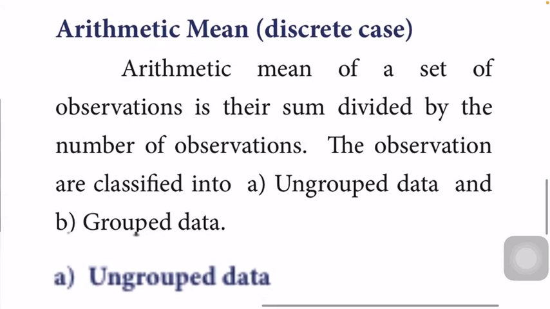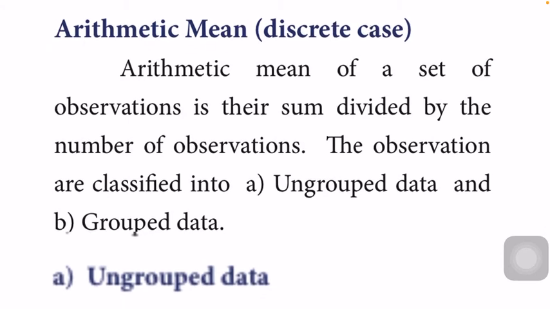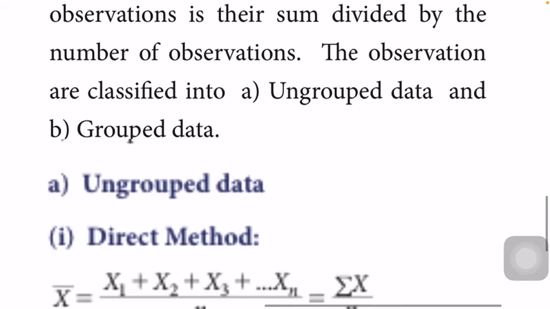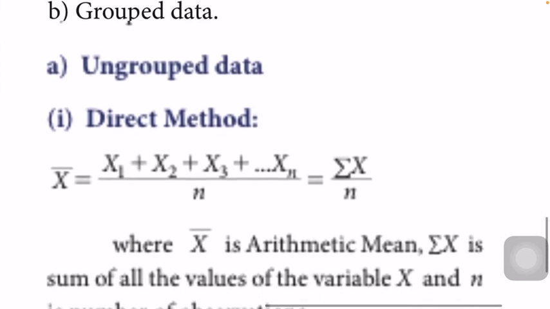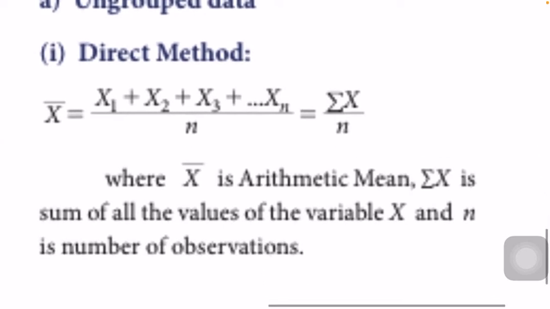Arithmetic mean. Even last year, we learnt more about this. So, now we are going to recall the formulae alone. For ungrouped data, we can add all the numbers and divide by the number of items.